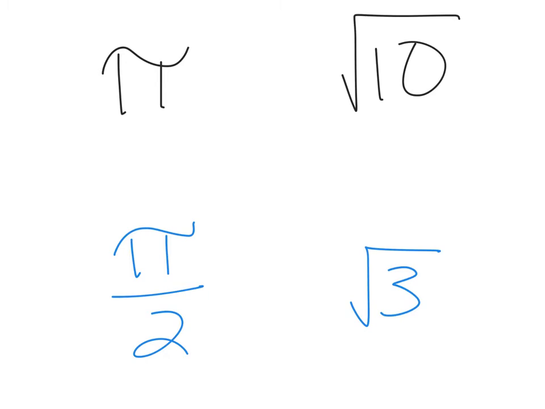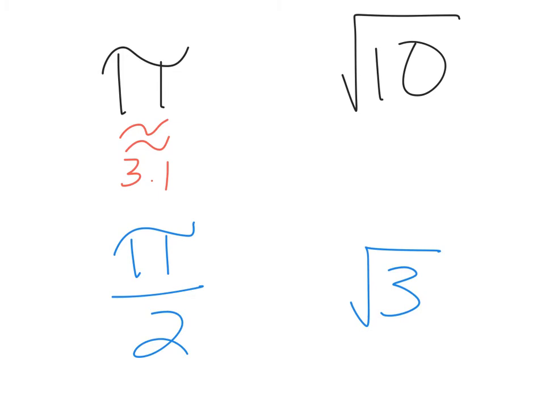But here we go. Last thing we're going to do, we're going to apply these decimal approximations. We said on the last page that pi, our decimal approximation, is 3.1, right? Okay, what about the square root of 10?